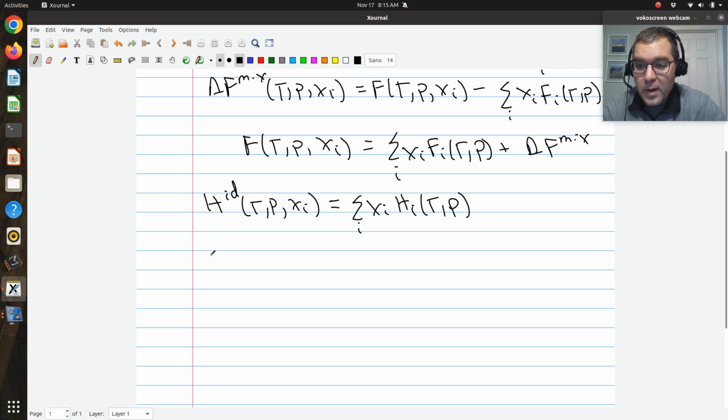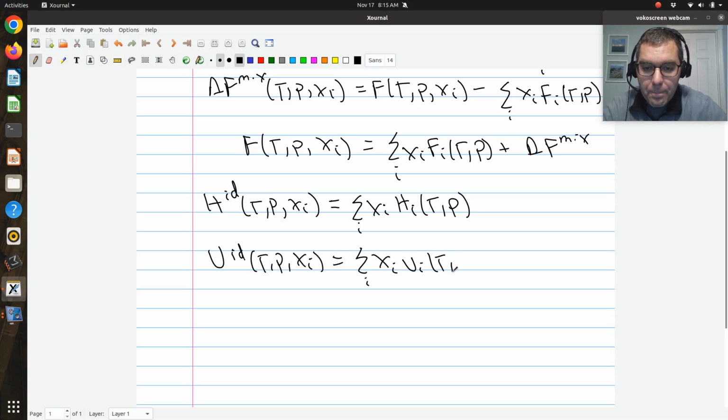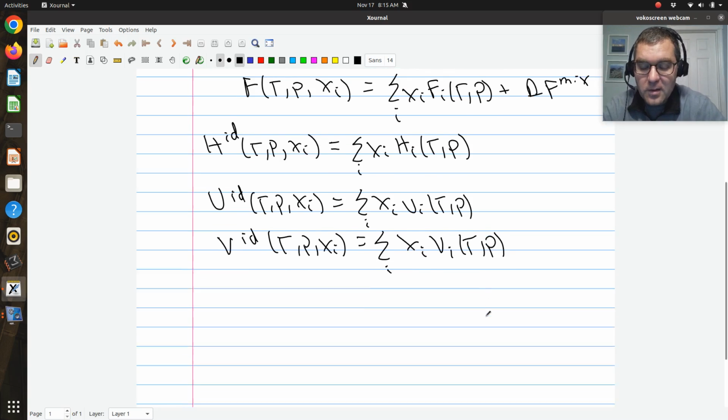Likewise, U of my ideal solution is just equal to the molar average U, and V of an ideal solution is just equal to the molar average V. These will become important in chapter 12 when we define excess properties.